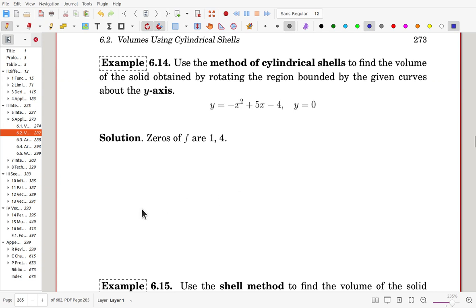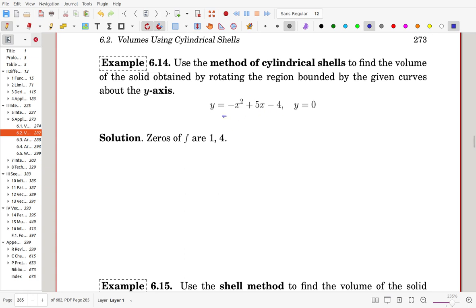Use the method of cylindrical shells to find the volume of the solid obtained by rotating the region bounded by the curves about the y-axis. First you have to understand the problem. A sketch is one way to understand it. Before that, let's manipulate this term a little.